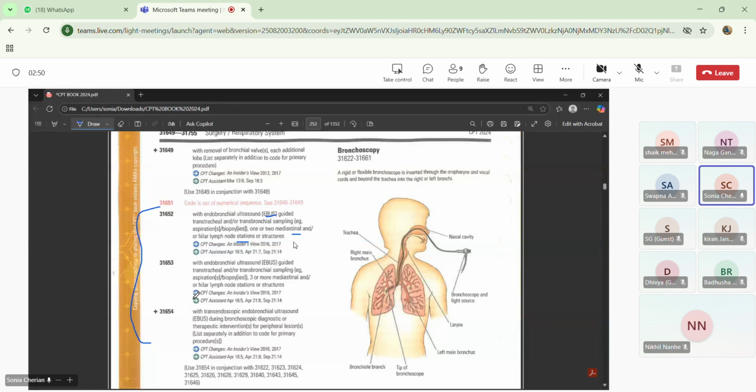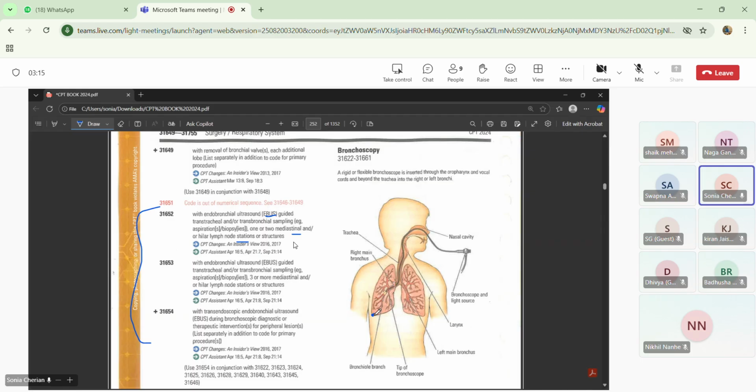Now, if they are doing transendoscopic endobronchial ultrasound, that is EBUS, for peripheral lesions. Peripheral lesions are when the patient might have a lesion over here at the edge of the lung. That is what we mean by peripheral lesion, because it is in the peripheral area, a little bit far.